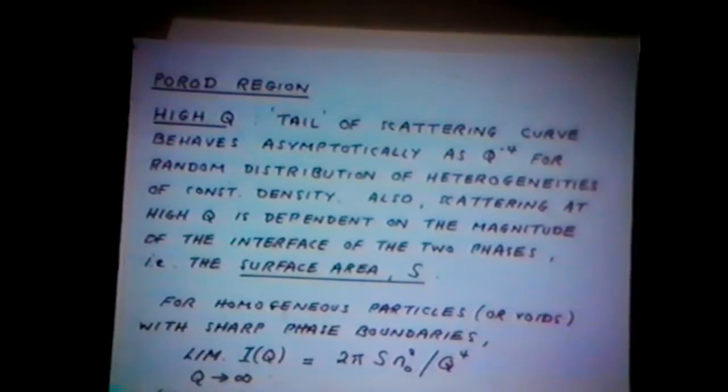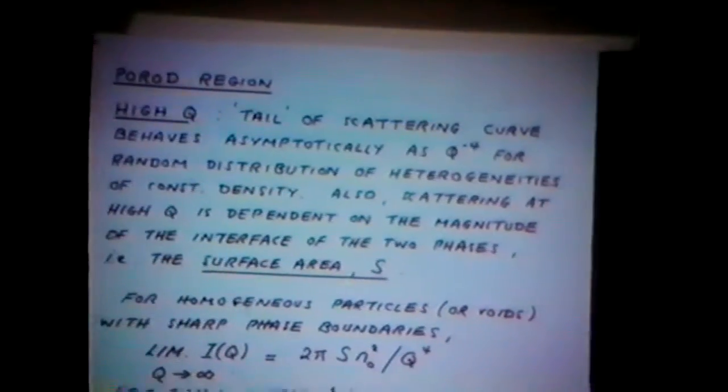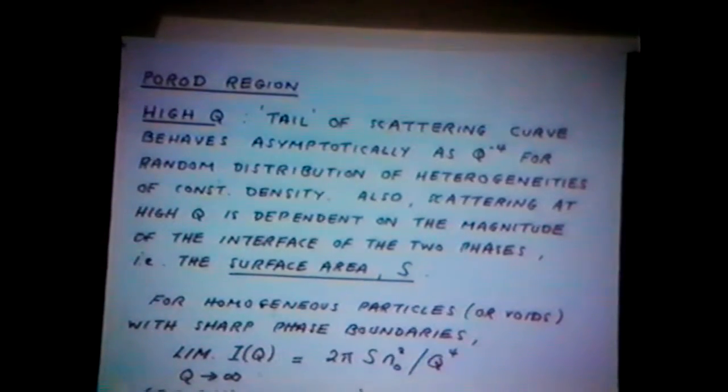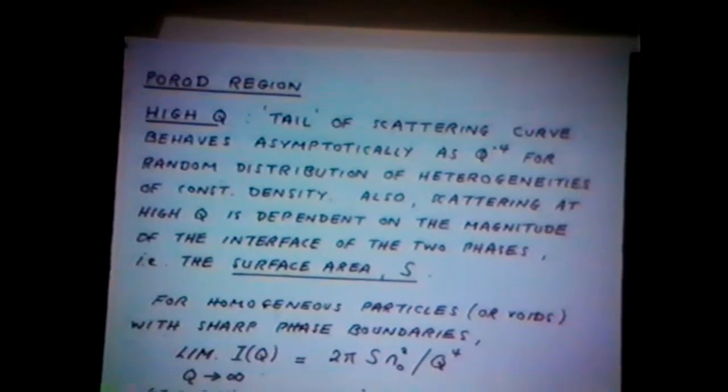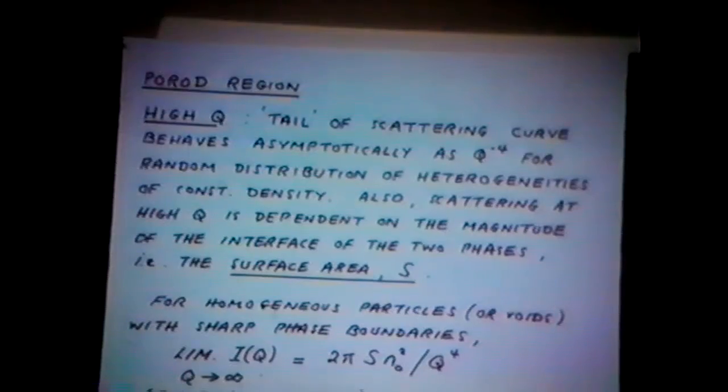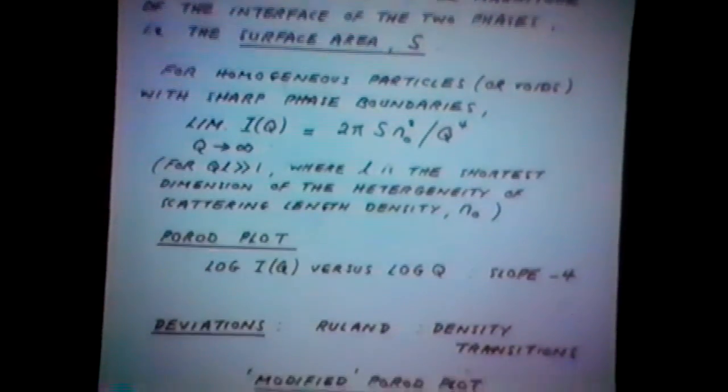I said that I is proportional to Q to the minus 4. The proportionality constant involves the surface area and enables one to get the surface area, provided it's a good Porod plot, I think.